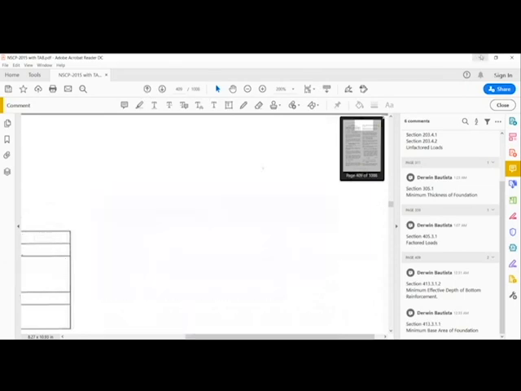Okay, so let's go back to our original notes. As you can see here, the effective depth is the measure of the distance from the top of your footing up to the center of your reinforcement.